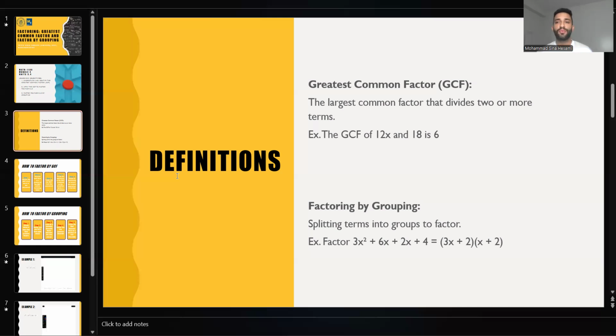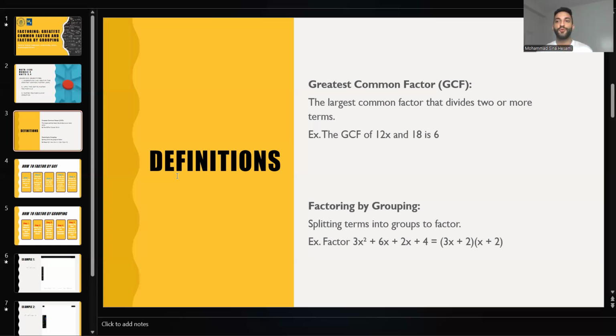Notice that we can rewrite 12 and 18 in different forms. We can rewrite 12 as 4 times 3, or 6 times 2, which we went over. And we can rewrite 18 as 9 times 2. So if we rewrite 12 as 6 times 2 and 18 as 9 times 2, the common factor between them is 2.